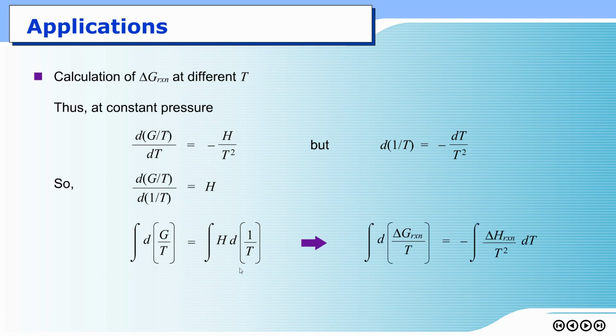Now if we want to calculate delta G of reaction, we need to write this equation for product and reactant, and take the equation of the product subtracted by the equation of the reactant. The left hand side would turn G by itself to delta G of reaction. The right hand side, when you have enthalpy of the product subtracted by enthalpy of the reactant, you get heat of reaction.